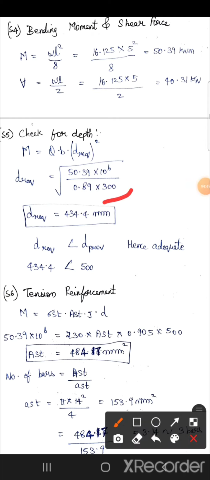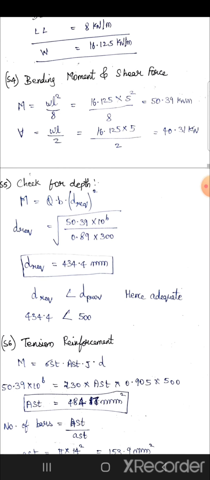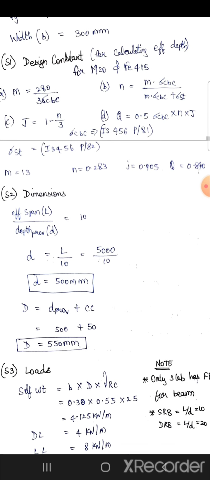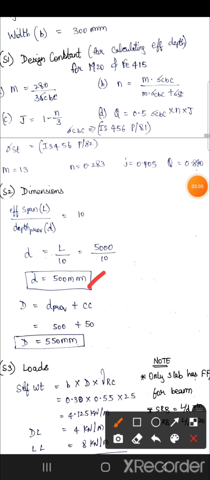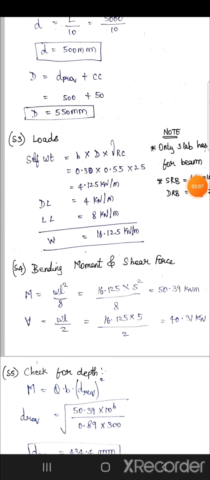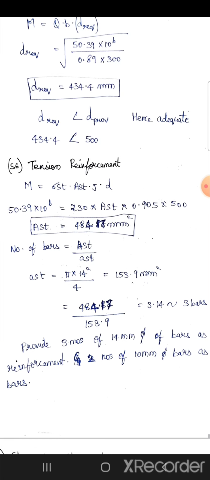So the answer is 434.4 mm. So depth required is less than depth provided. So the depth provided answer is 500 mm. Hence, the design is safe.